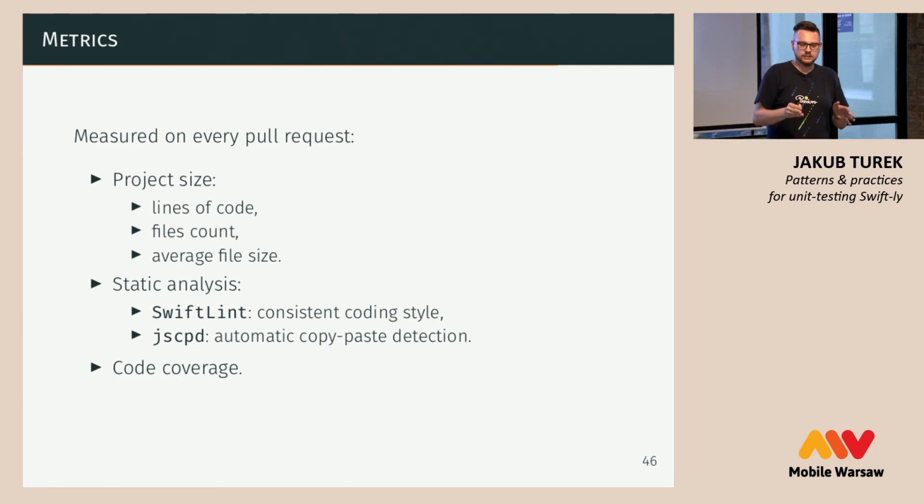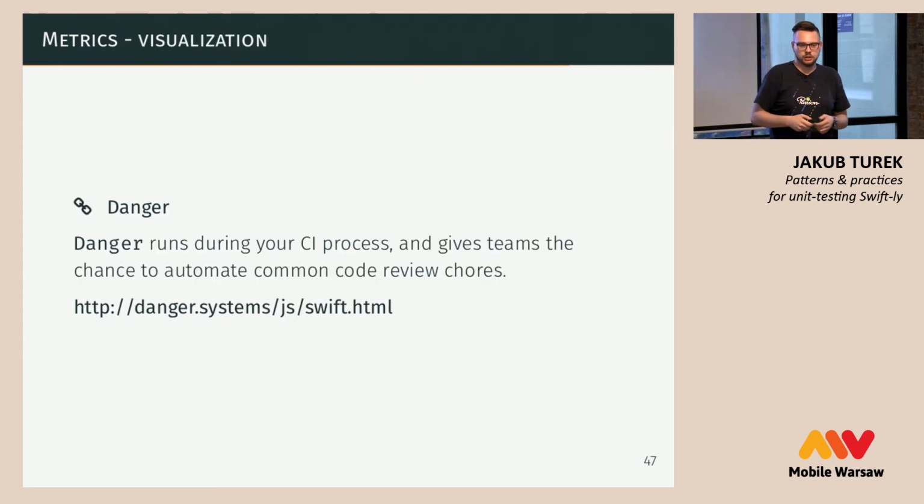And last but not least, the code coverage. It's pretty important when you're doing TDD or unit testing to know which code was not yet covered by the tests. All of these metrics are visualized using the Danger tool. Danger is a utility that is invoked during your CI build phase, and it gives you the output with linting the code request.